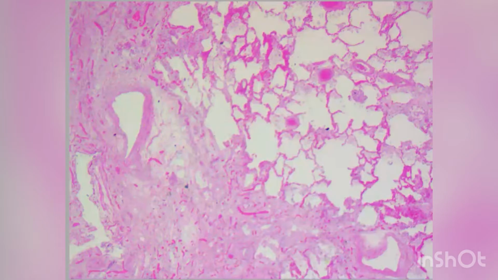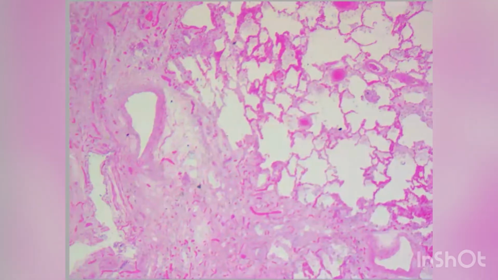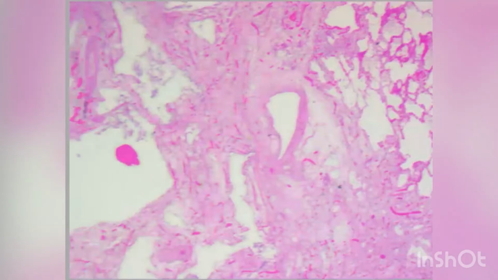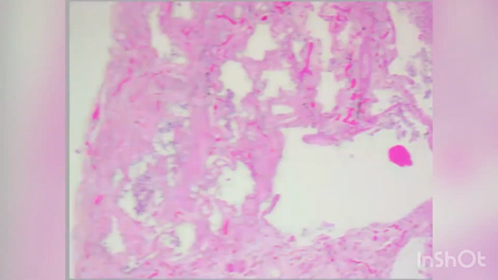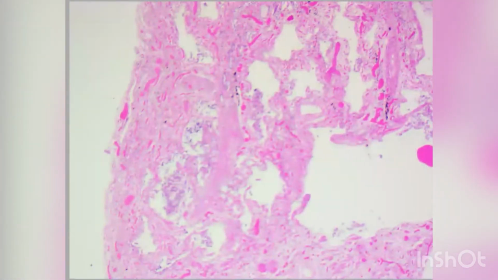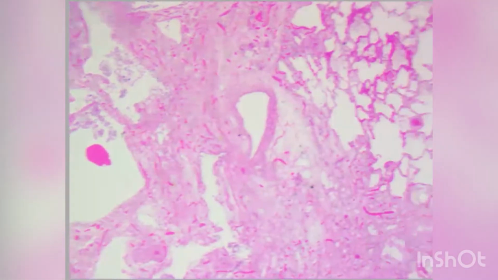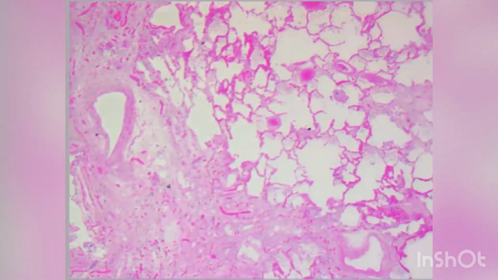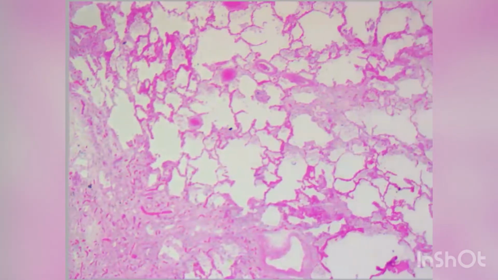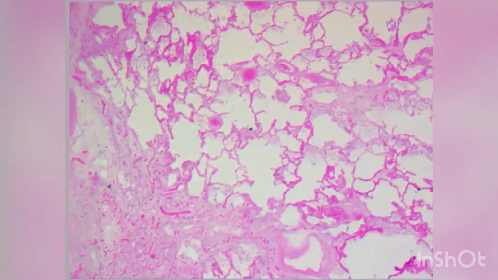This slide is for idiopathic pulmonary fibrosis. As we mentioned in the PowerPoint presentation, the histologic pattern of idiopathic pulmonary fibrosis is usual interstitial pneumonia. So this is the lung parenchymal tissue, from the lower lung lobes.